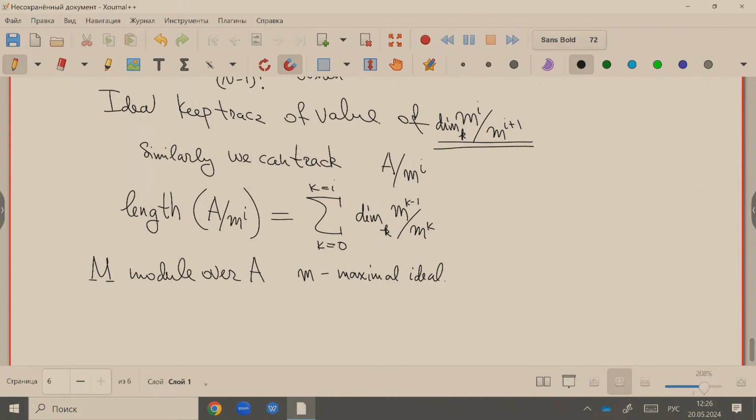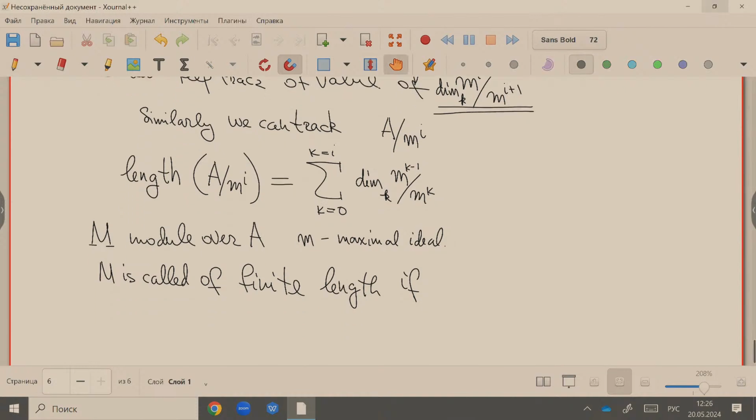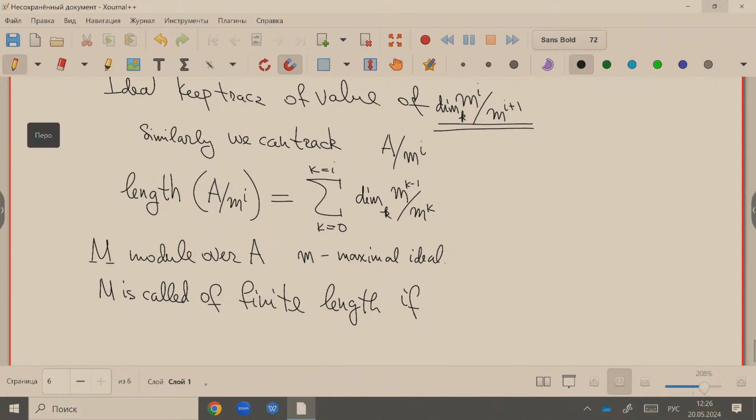So m is called of finite length if m can be filtrated, like this is filtration, of submodules whose quotients are one-dimensional vector spaces, or finite dimensional vector spaces.